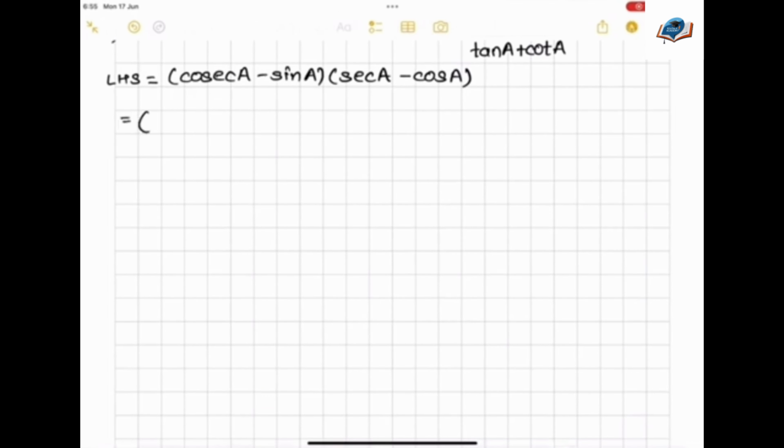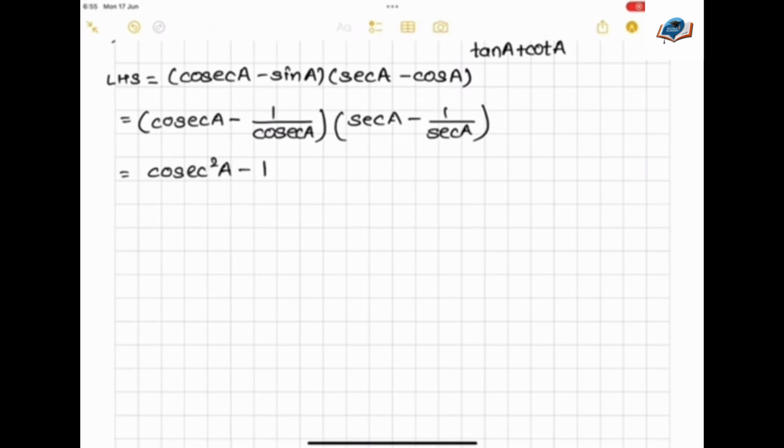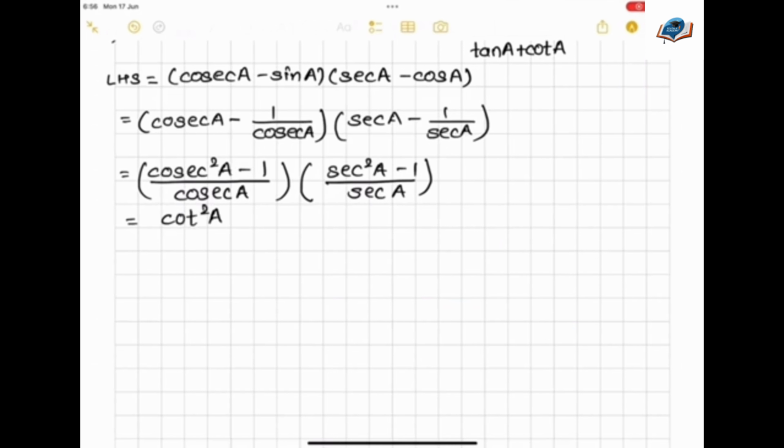Now I am writing cosec A minus sin A. That sin A I am converting into cosec A. So cosec A minus 1 upon cosec A, sec A minus 1 upon sec A. So now doing LCM, I will get cosec square A minus 1 upon cosec A into sec square A minus 1 upon sec A. So that will be equal to cot square A upon cosec A into tan square A upon sec A.